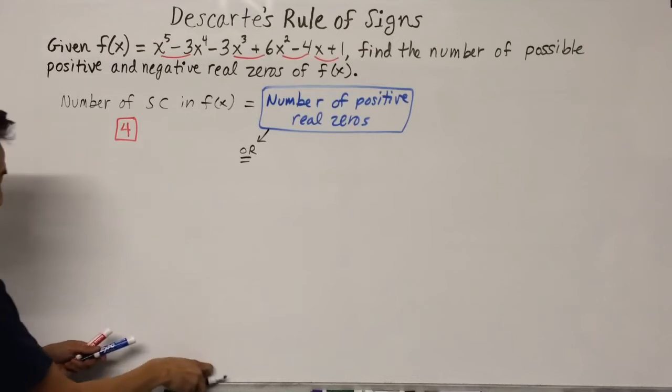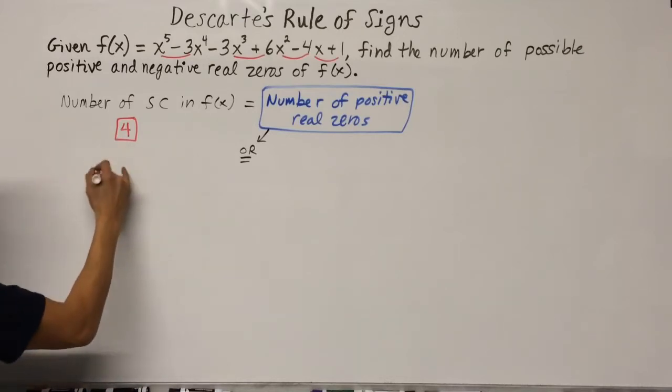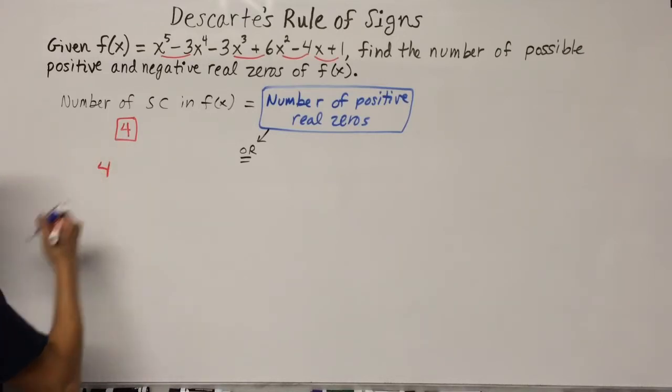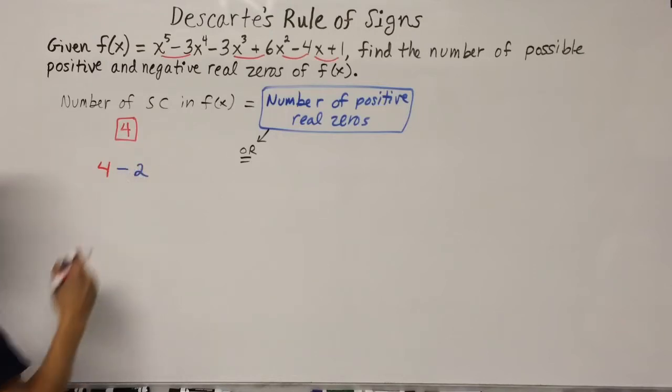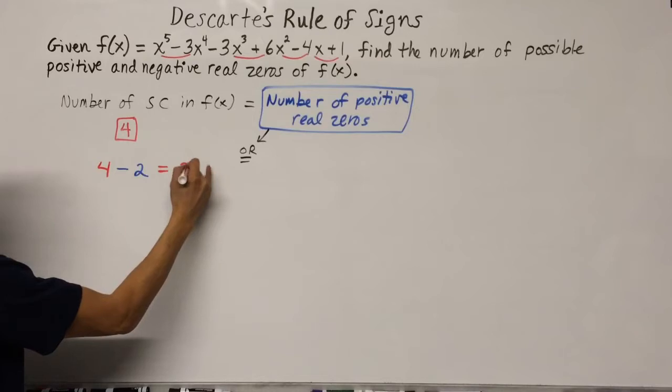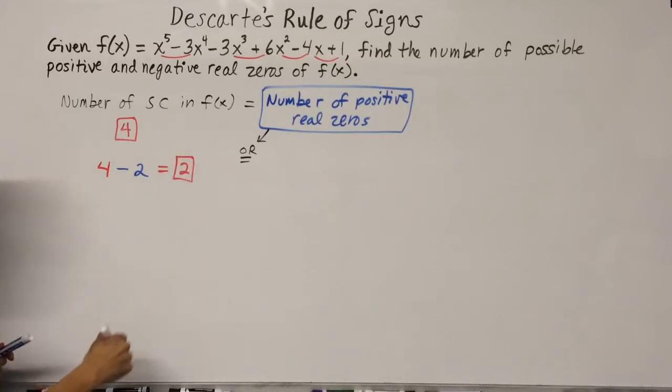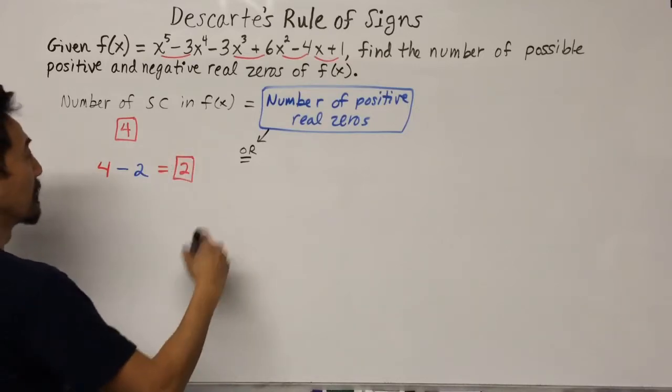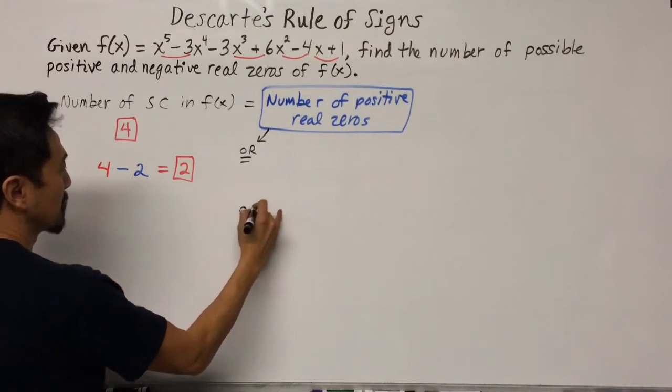Okay, so that means that now I need to take that 4 in red, and then subtract the even numbers from it, beginning with 2. And then 4 minus 2 is going to give us 2. Okay? Or, we've got another or.